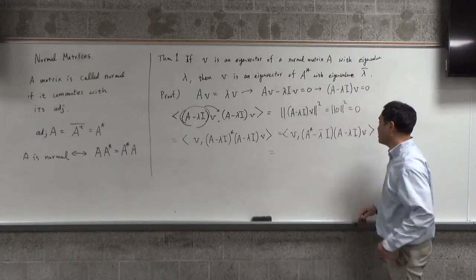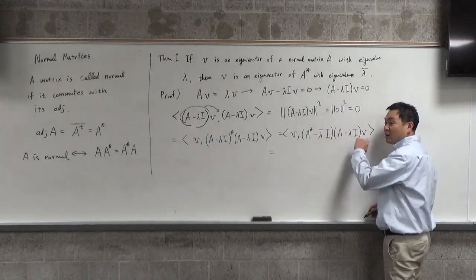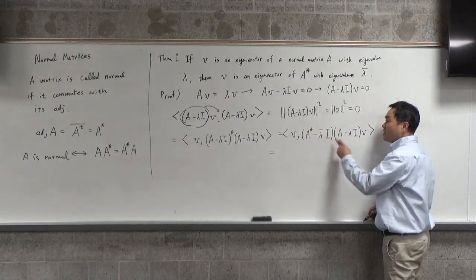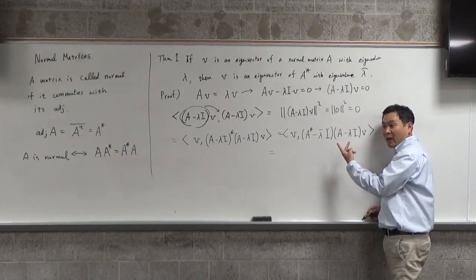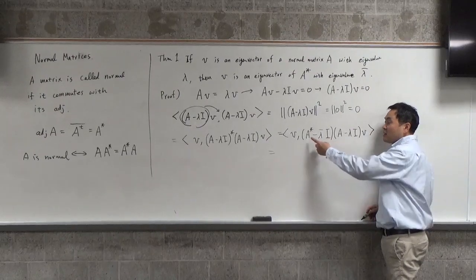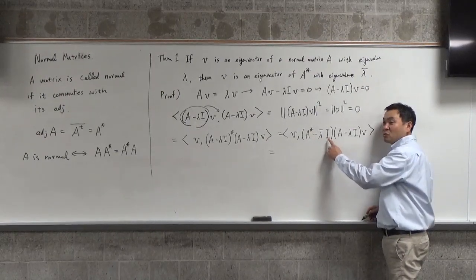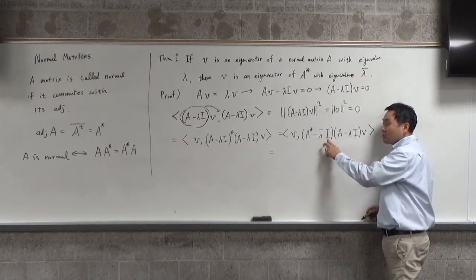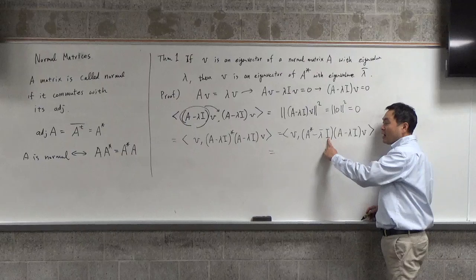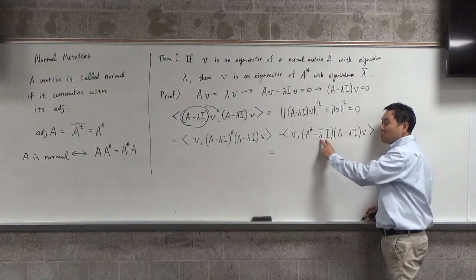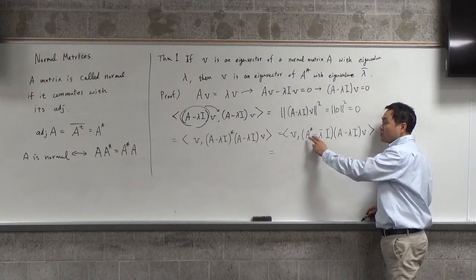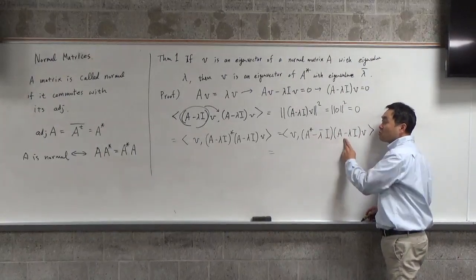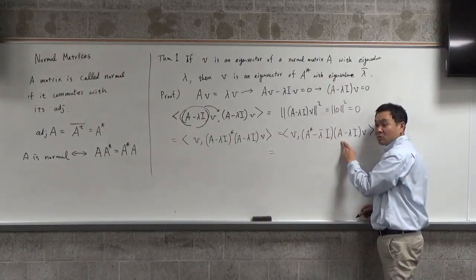But then, if you expand this out, at some point you're going to get A star times A, which we can switch to be A times A star. Any matrix commutes with scalar multiplication and also the identity, so if you have identity times any scalar multiple, this commutes with any other matrix. These two, by definition of normal, commute.